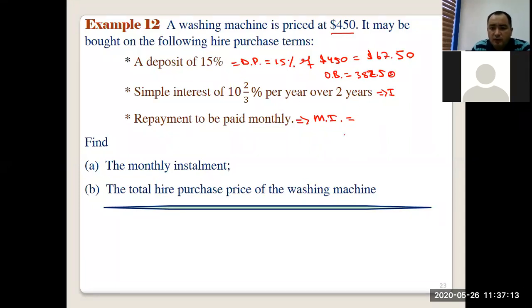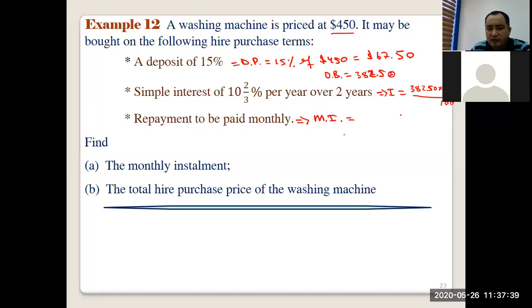So now on this amount, they're going to charge interest, right? So that's equal to 382.50 times our rate, which is 32/3, and times 2 years over 100. I'm not using it as a decimal, just like this.